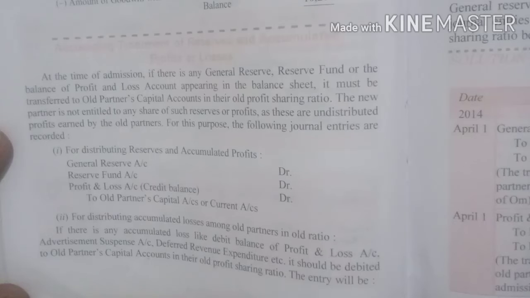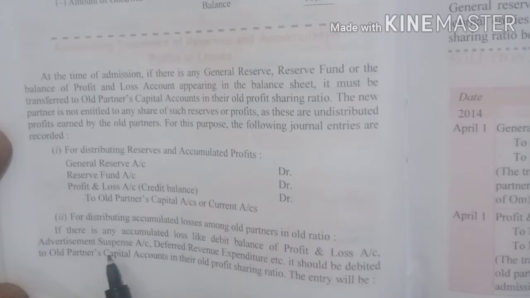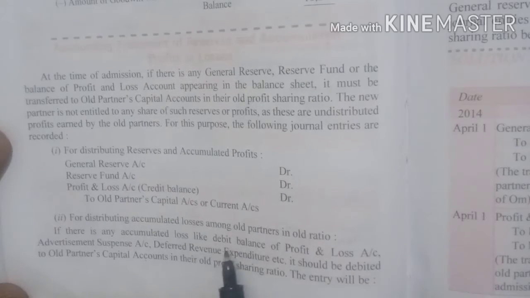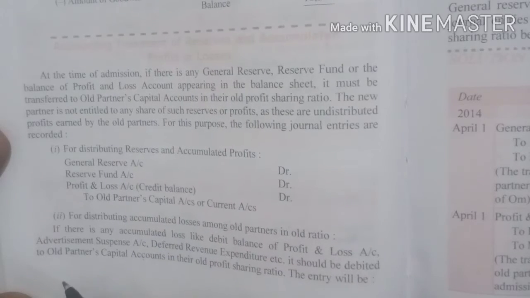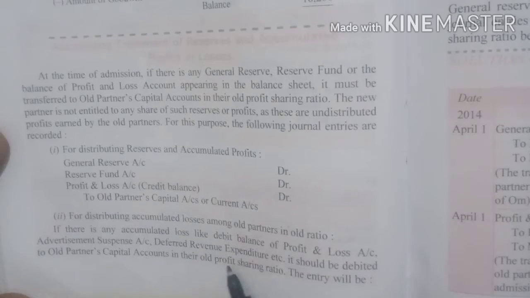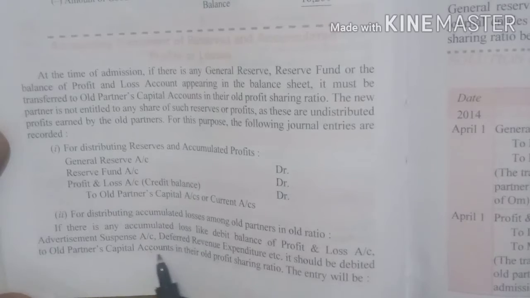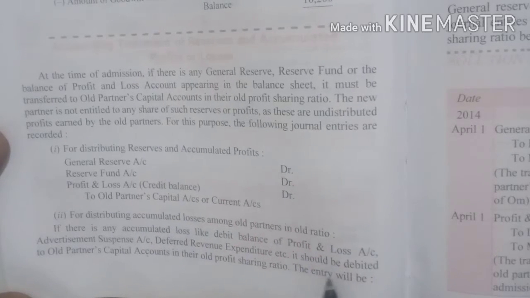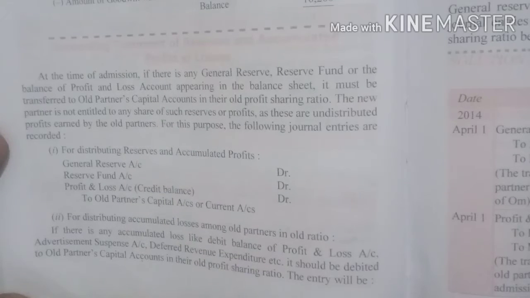Okay, for distributing accumulated losses among old partners in the old ratio, if there are any accumulated losses like a debit balance of profit and loss account, just now the example which I gave you, advertisement suspense account, deferred revenue expenditure, etc., it should be debited to old partners' capital account in their old profit sharing ratio. Now in such a case what will be the entry?